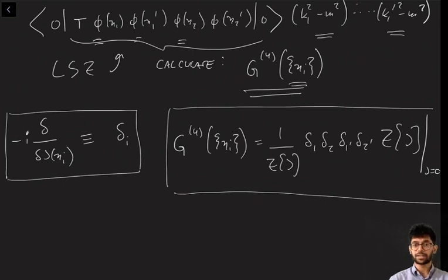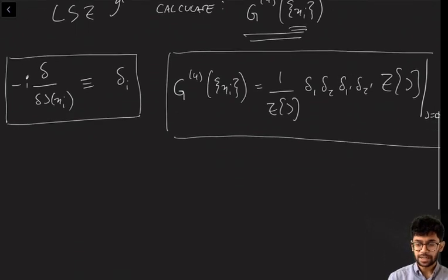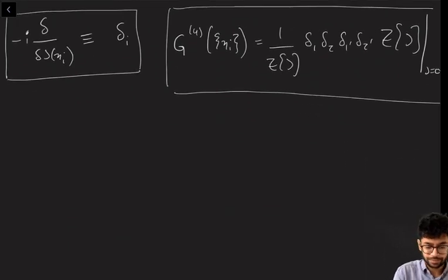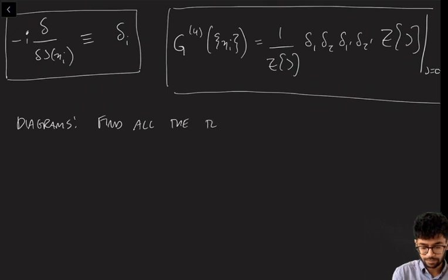Now we need to calculate Z of j, and again, we've derived a diagrammatic formalism for doing this. In particular, in this diagrammatic formalism, what we need to do is find all the terms in Z of j with 4 j's in it.